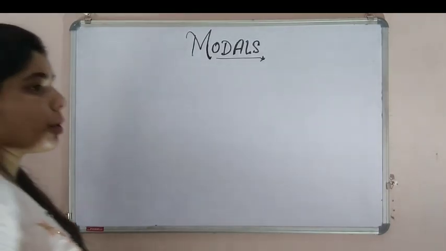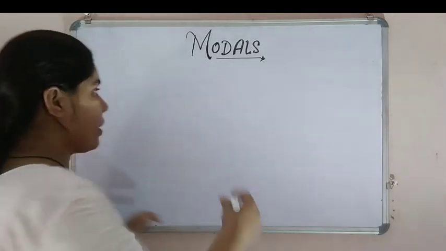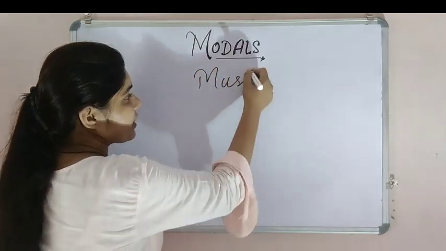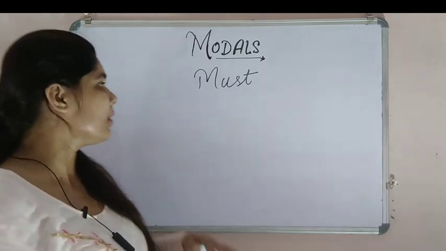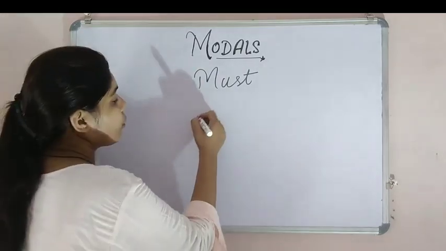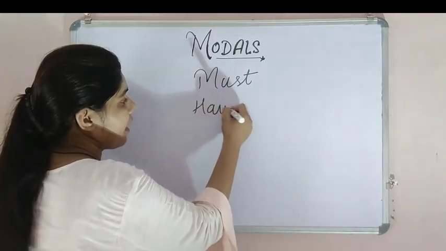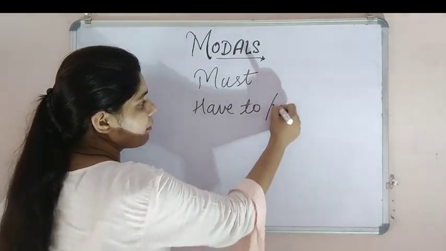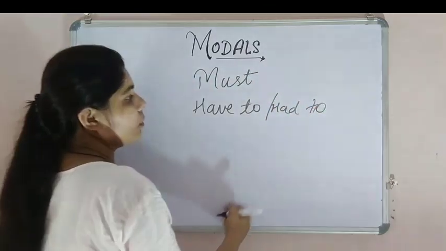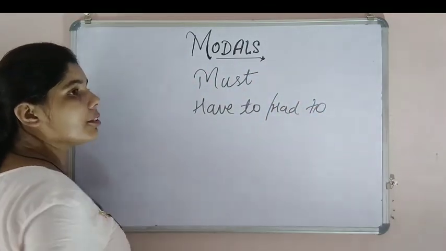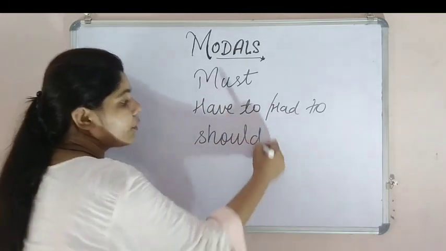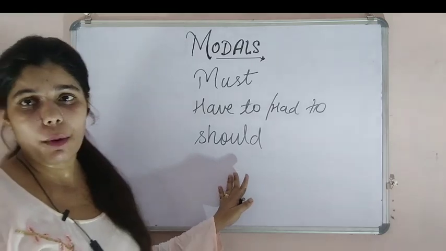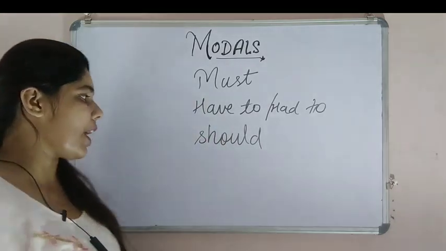So the 5 modal auxiliaries that we discussed today are, let's have a look. We discussed must: obligation, necessity, suggestion, advice. Then we discussed have to or had to. We know that this is a past form, this is a present form. Next, we talked of should, which is the past form of shall.